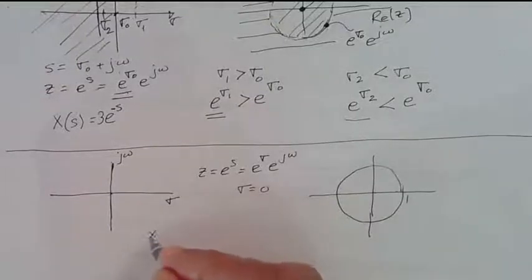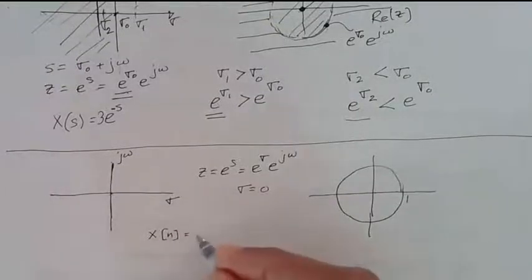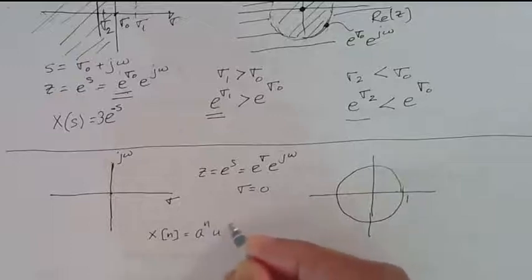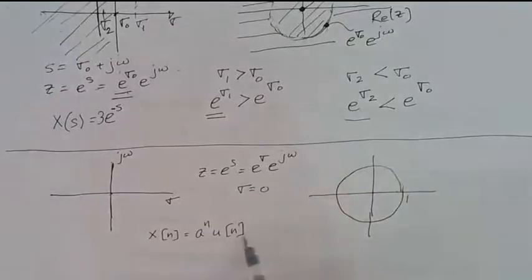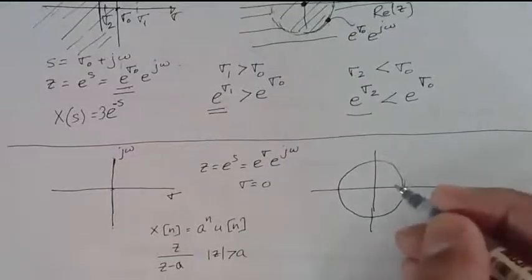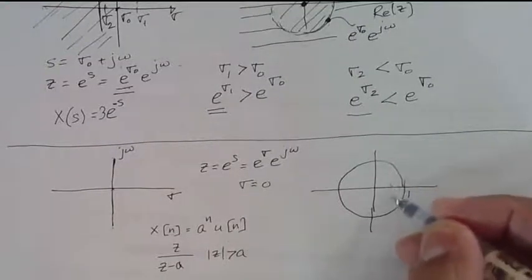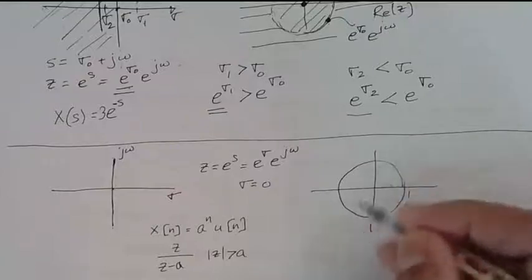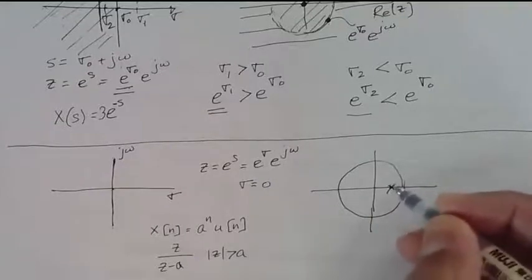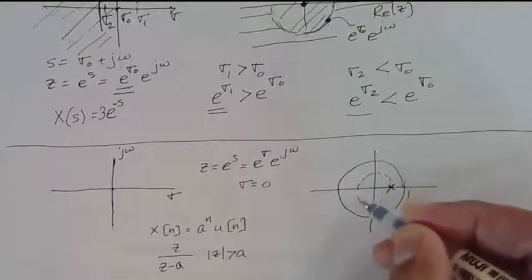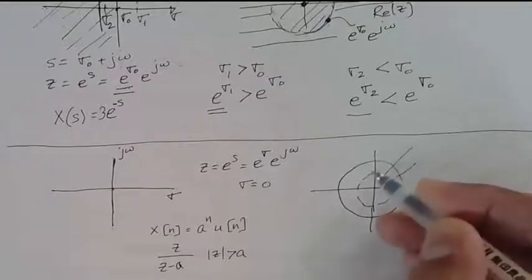And we can see that if we use our favorite thing, a to the n u of n, we know that this is z over z minus a, and the magnitude of z has to be greater than a. If a is some point with a magnitude less than 1, I'm going to draw it here, then the region of convergence is going to be this.